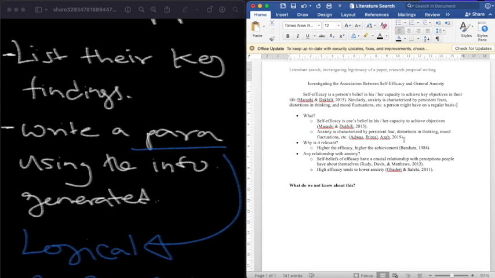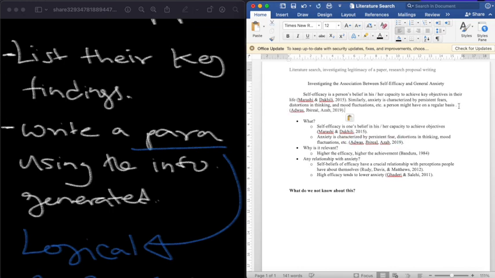I'm going to put this citation here as well. Okay, now, so like this. Now you have to mention why this is relevant for us.